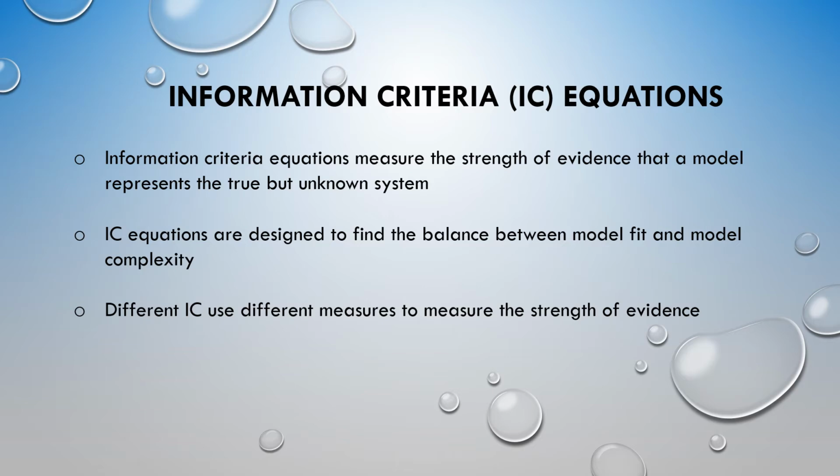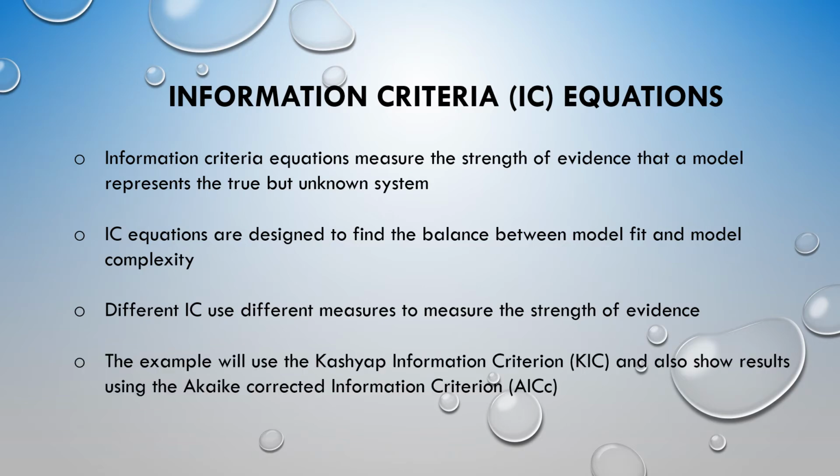Different information criteria equations use different measures to measure the strength of evidence. In the example we use the Kashyap information criterion and also the Akaike corrected information criterion, so you can see the different results you get depending on which criterion you use.